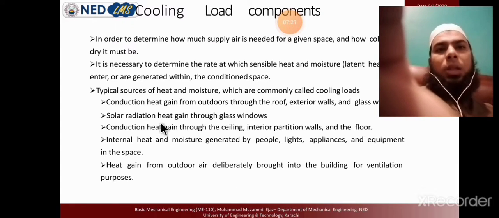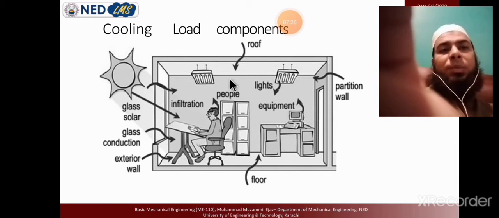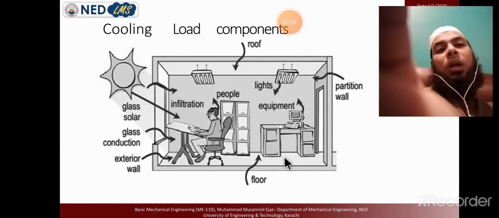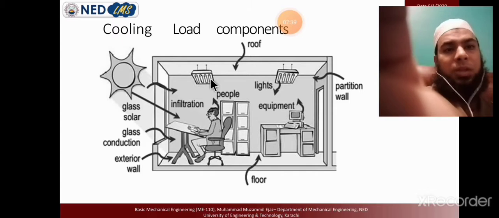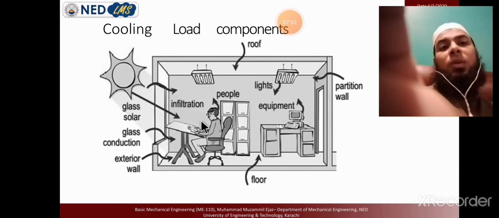Okay, now the cooling load. What could be the cooling loads in the room? This picture represents the cooling load well. Cooling load is required to offset the heating of the space. A lot of things heat the room: the lights also produce heat, the PC, and the glass window, where sunlight comes inside and heats the room.